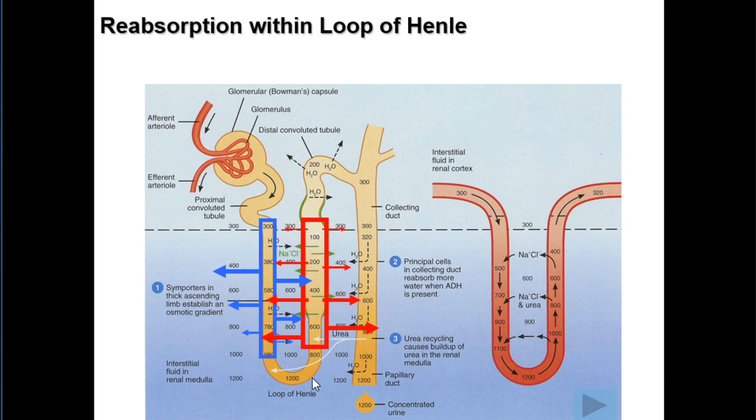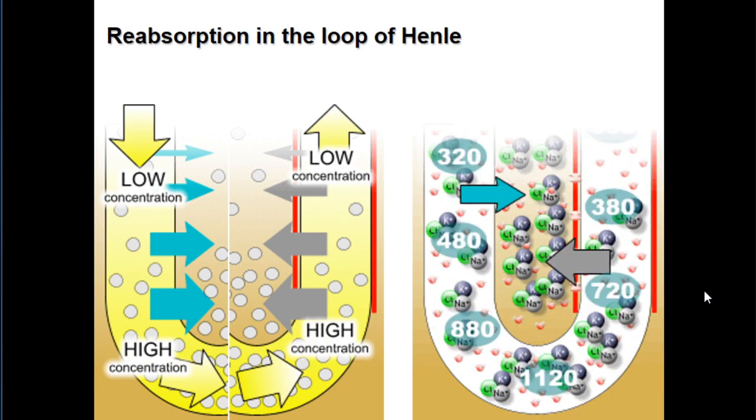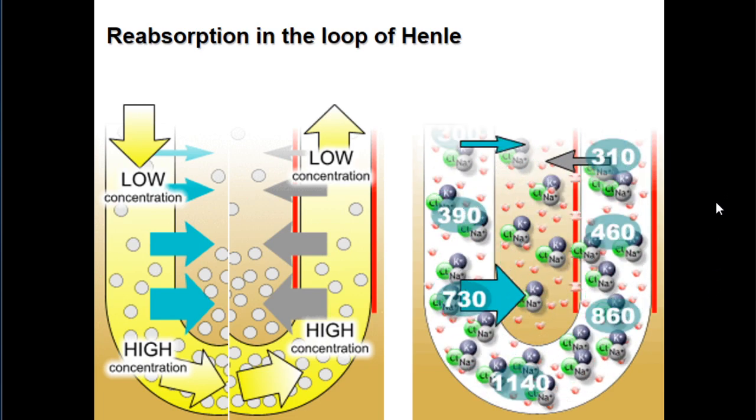So here in the hairpin of the loop of Henle, you have highly concentrated urine, which enters the ascending limb. And due to the gradient, now the sodium will be reabsorbed, which helps to maintain the gradient. And in DCT and collecting ducts, that's the action of ADH, which will cause reabsorption of water. As a result, you will excrete small amounts of highly concentrated urine. So here you have the cartoon animation which shows how it works.